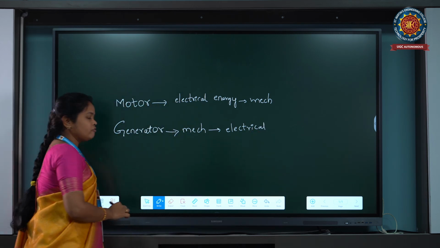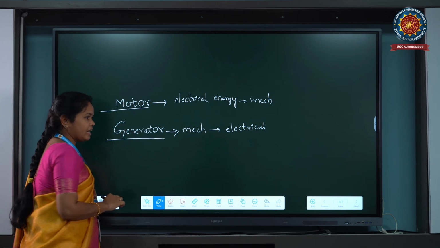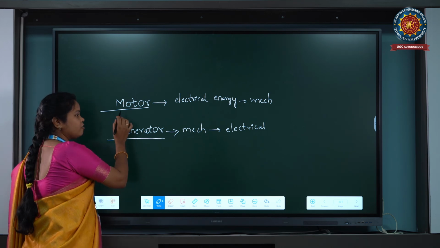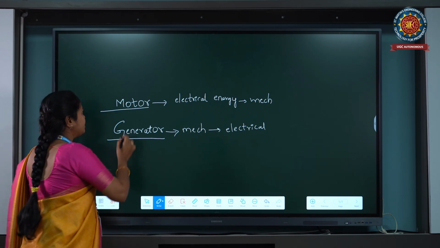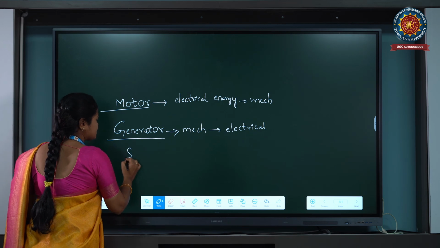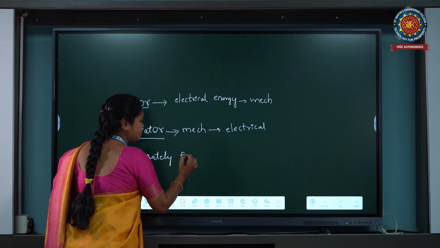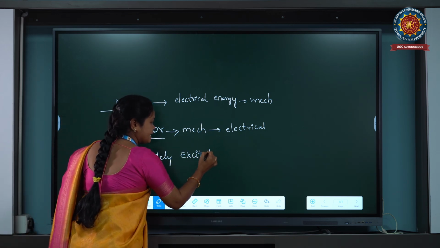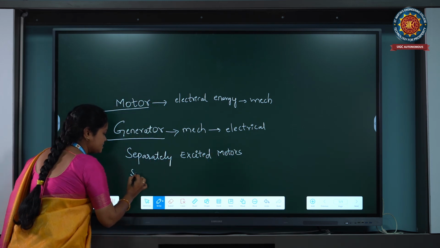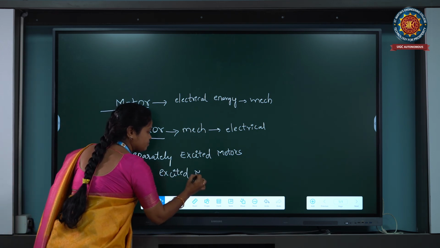So these are the types of DC machine, and depending upon the winding, we have two windings: field winding and armature winding. Based on the construction of field winding and armature winding, the motors are again classified into two types. One is separately excited motors, and the second one is self excited motors.